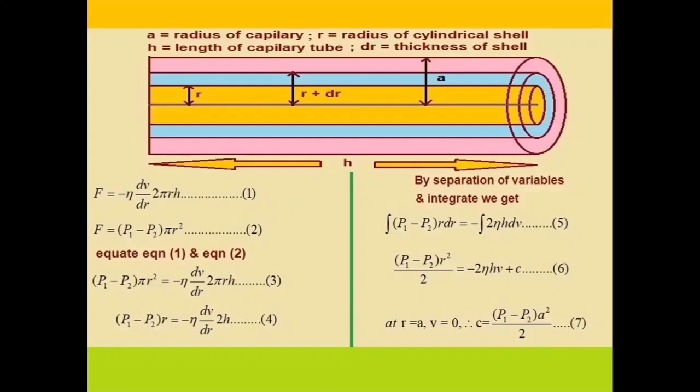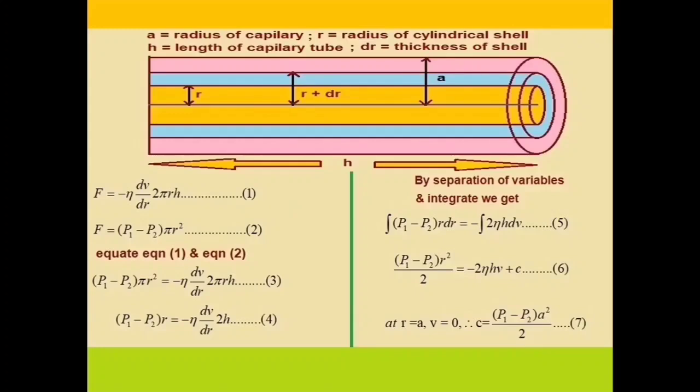The area on which this drag acts is the area of the surface of the cylinder or tube of radius r and length h, which is given as 2 pi r h.